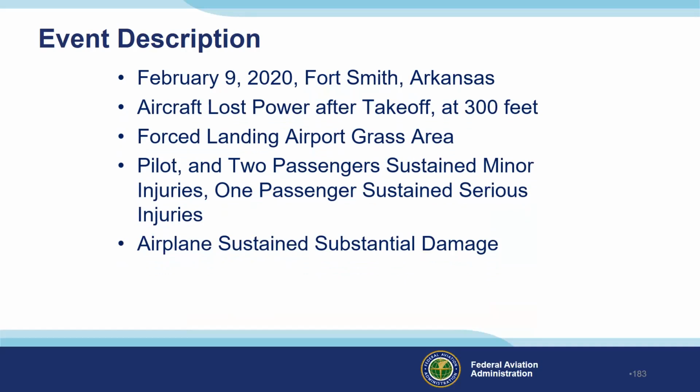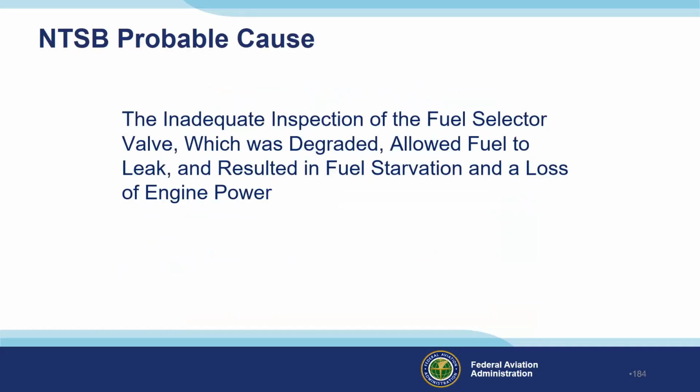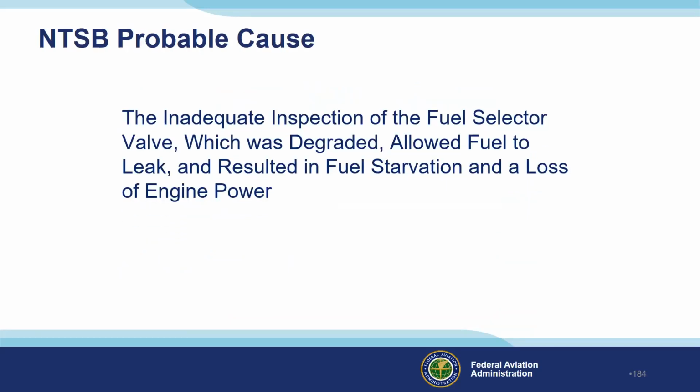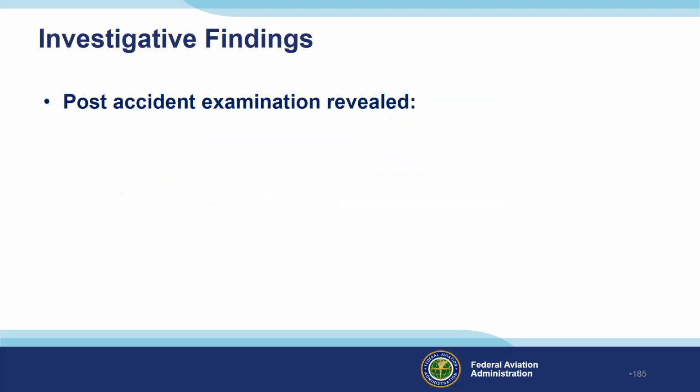Pilot and 2 passengers sustained minor injuries, but 1 passenger sustained serious injuries. NTSB probable cause, inadequate inspection of the fuel selector valve, which was degraded. It allowed fuel to leak and resulted in fuel starvation and a loss of engine power.